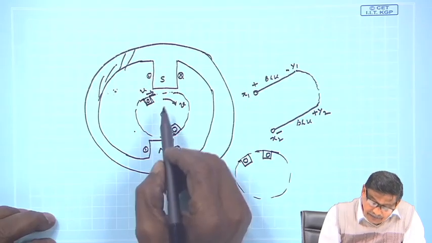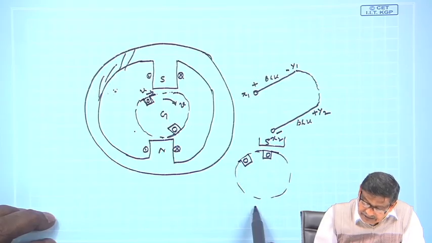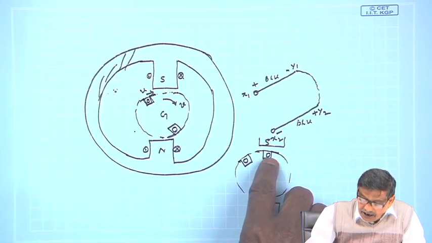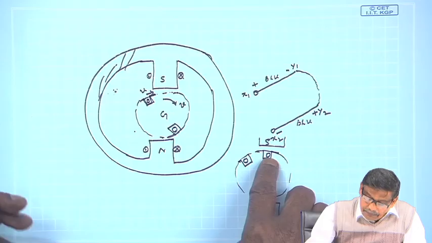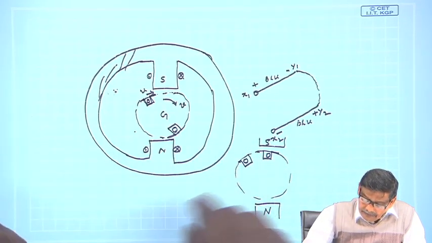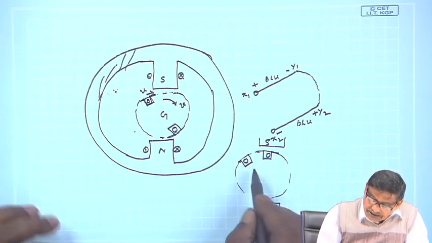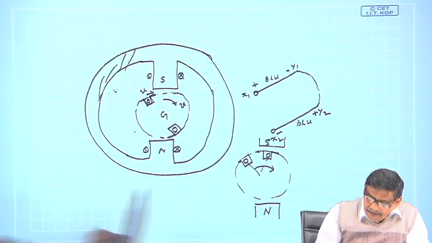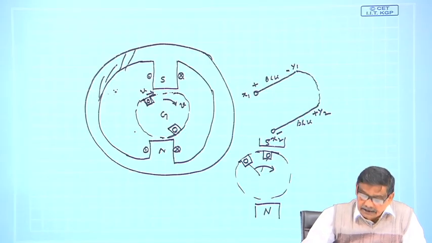If this is south pole and this is north pole, then the voltage pattern of this coil will be the B pattern existing here that we have explained last time, and identical voltage will be created in the second conductor if the direction of rotation is like this, but only after this much angle, and the difference of these two waveforms will give you the resultant voltage.